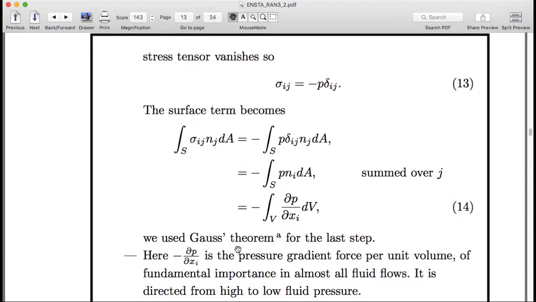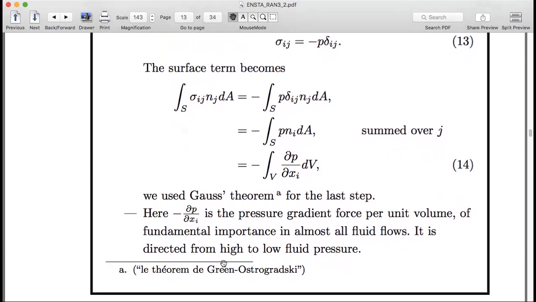If the name is bothering you, that's because in the Anglo-Saxon world, we give credit to Gauss, and in the Francophone world, you give credit for some reason to Green, neither of whom sound very Francophone, but they're not French, right, that I know of. They're just different traditions.